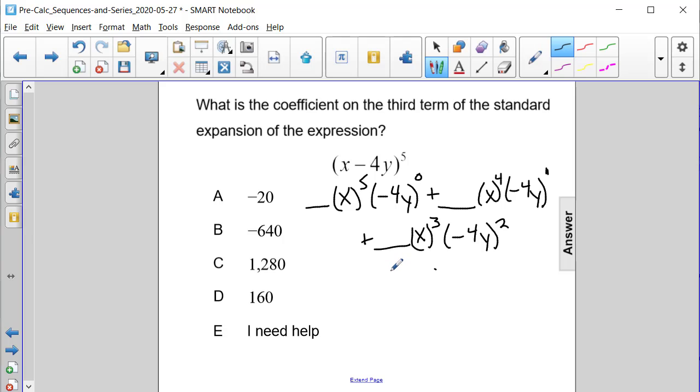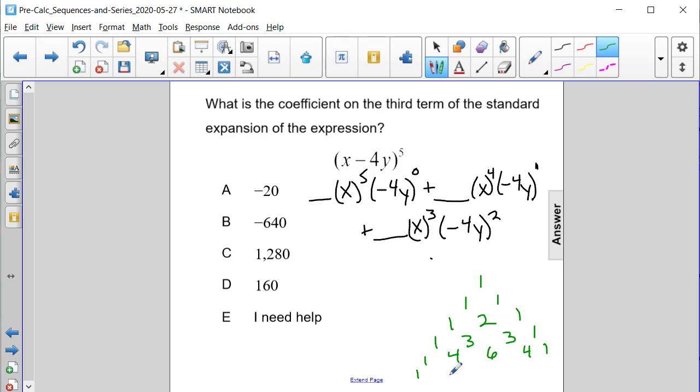If you recall, the expansion of binomials comes from Pascal's triangle, which is 1, and then 1, 1, 1, 2, 1, 1, 3, 3, 1, 1, 4, 6, 4, 1, and then we also have a 1, 5, 10, 10, 5, 1, where the top row represents the binomial (a + b) to the 0 power.